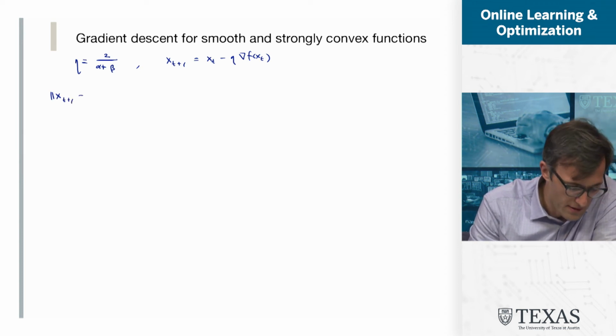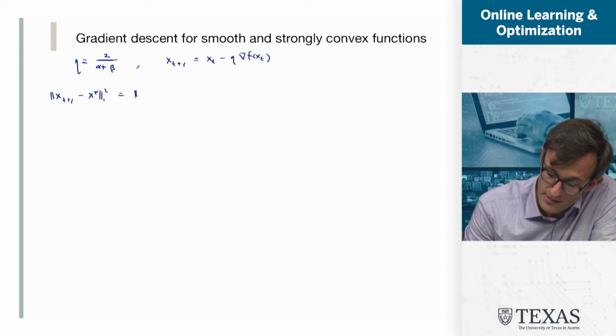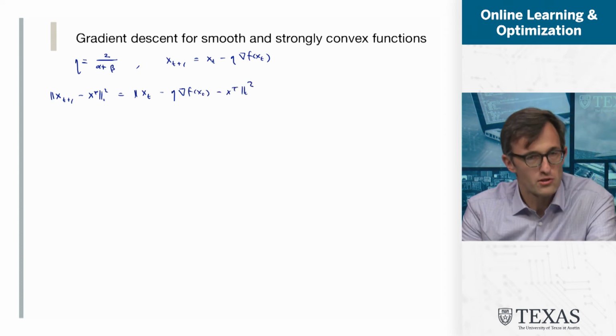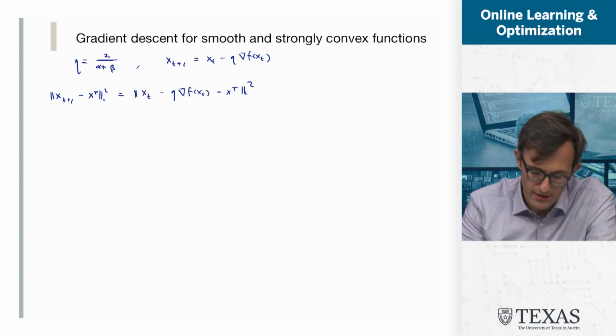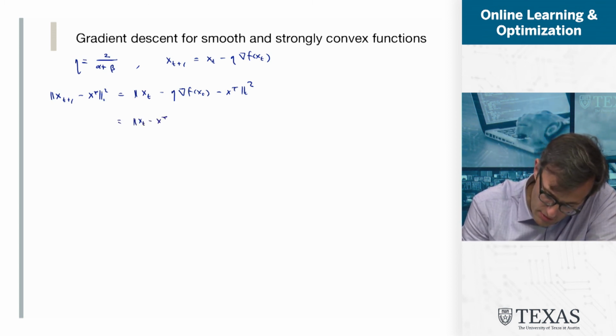x t plus 1 minus x star is equal to, just plugging in what the iteration is, x t minus eta gradient of f of x t minus x star, squared. Just like we did before, I'm going to expand this quadratic. This is equal to x t minus x star squared.